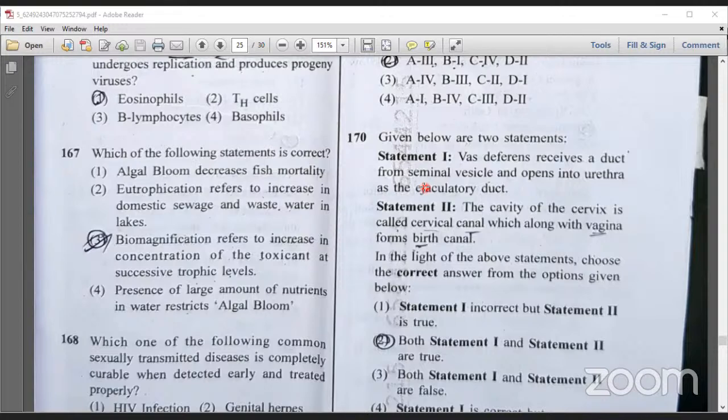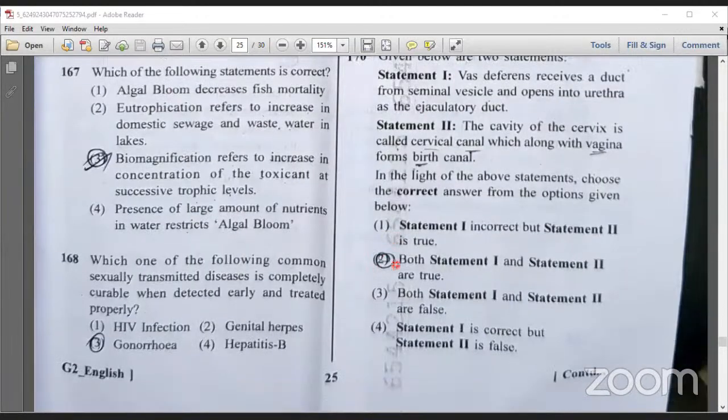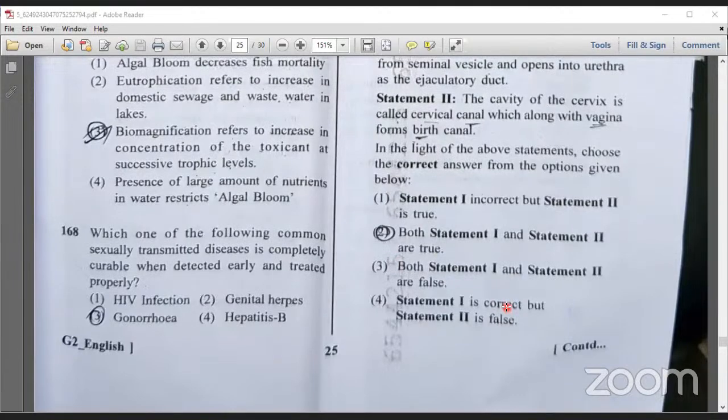And the cavity of the cervix is called the cervical canal, which along with the vagina forms the birth canal. So both these statements are right.